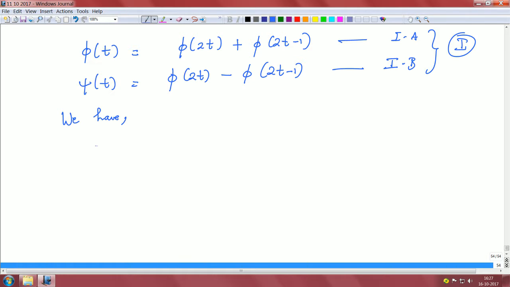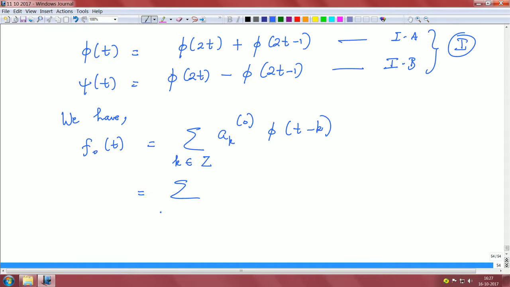Now, we have, by definition, f naught of t is basically in the linear span of phi of t minus k, right, which is basically some summation a k 0 phi of t minus k, and this I write slightly in a different way.